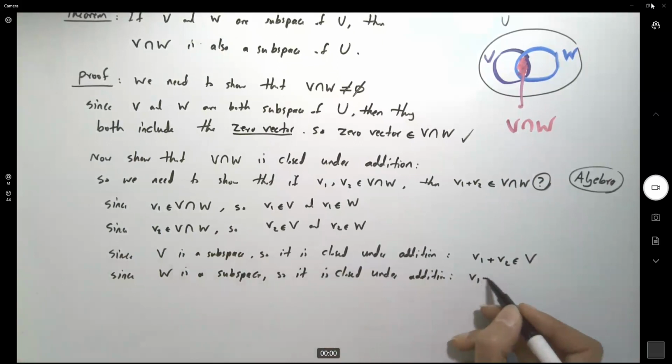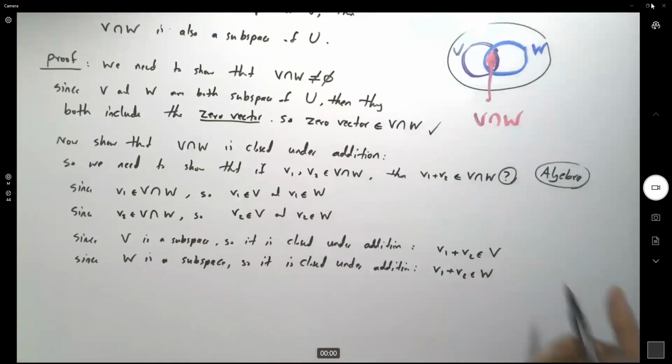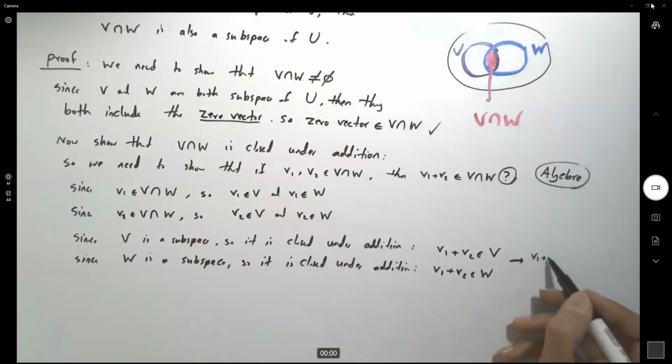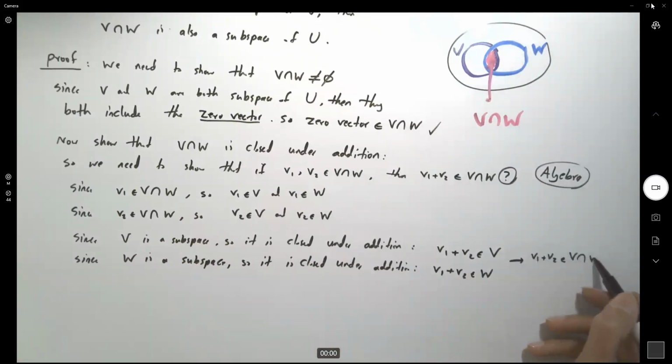So V1 plus V2 also is in W. So basically you can conclude that V1 plus V2 belongs to their intersection. Okay, perfect. We're done.